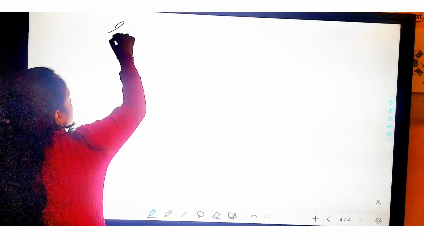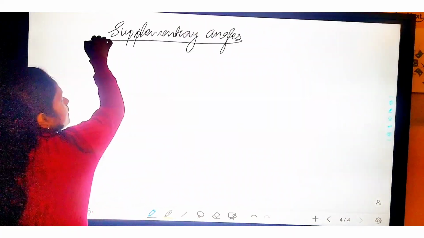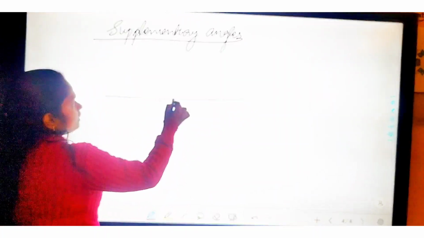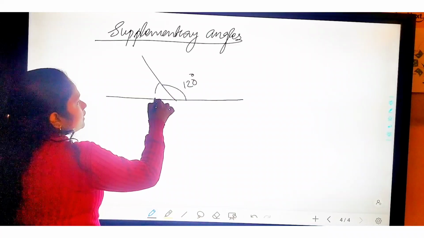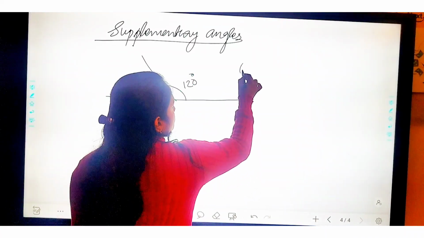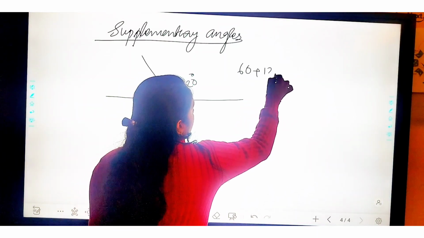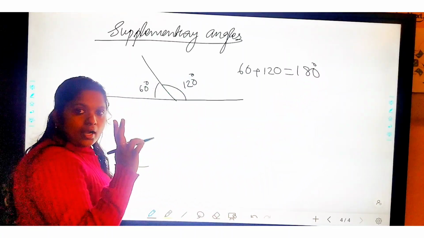Now we are going to discuss supplementary angles. Okay, supplementary. Say the two angles here. If I take one angle as 120, then another angle is 60. Then we take the sum of these two angles. Okay, that will be 180. If the sum of two angles is 180, then we say that these are supplementary angles.